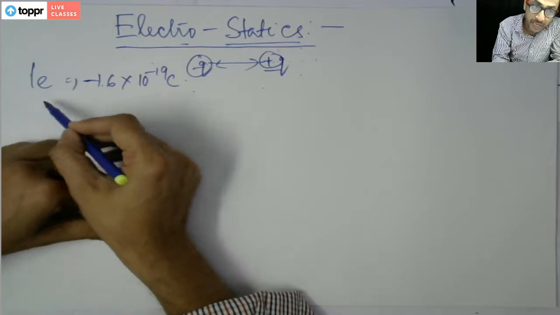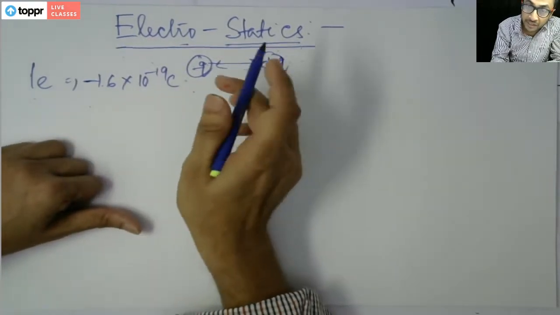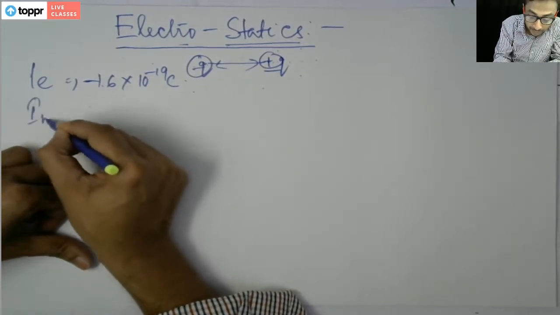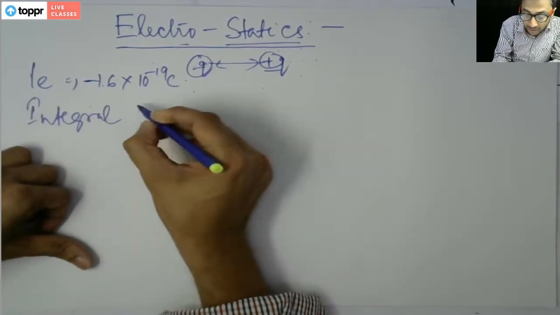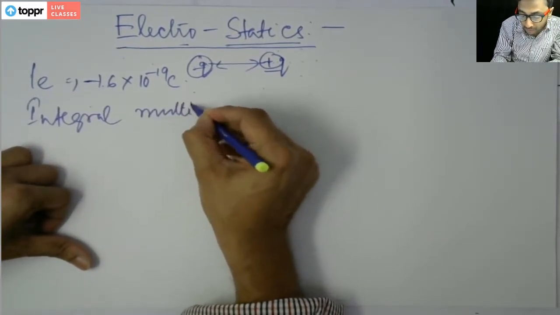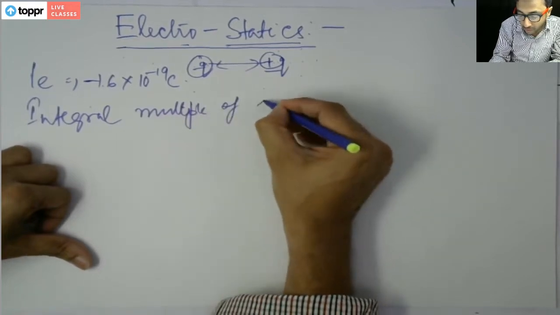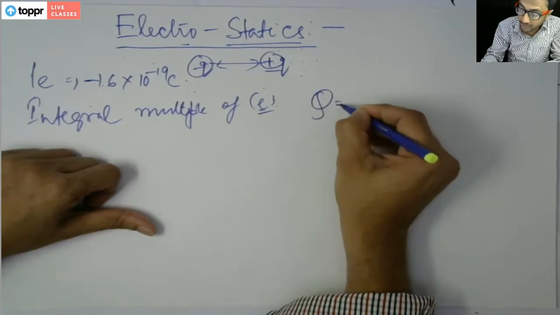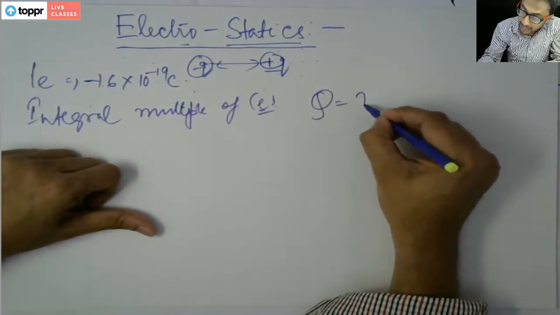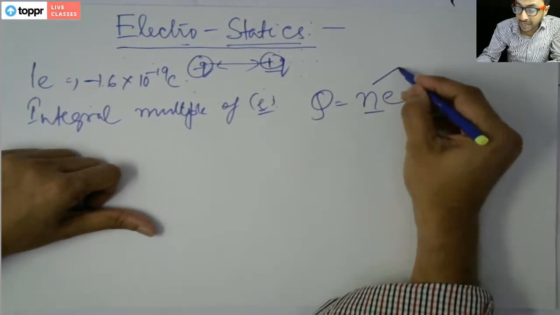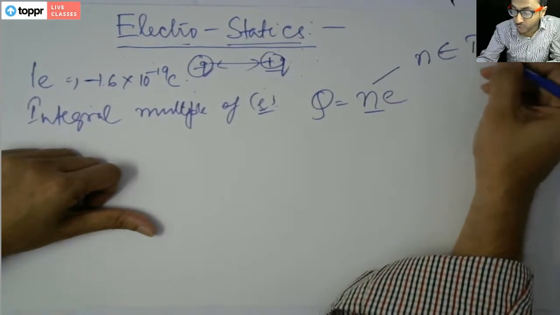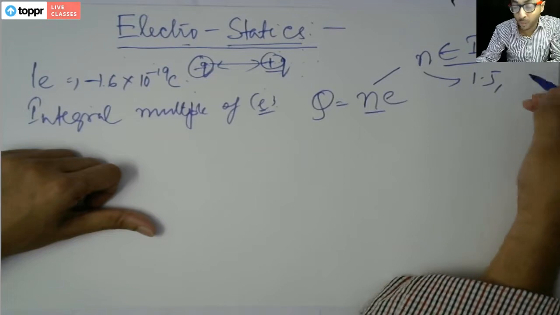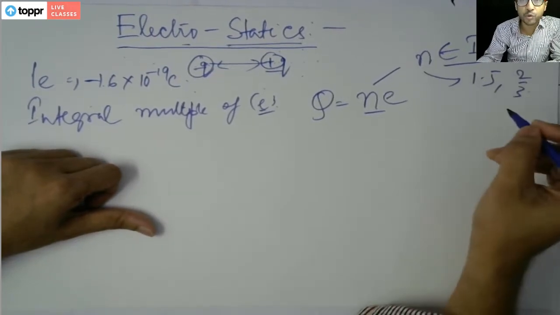Now whatever electric charges we have in nature, they are an integral multiple of e. That is, all the charges we have in nature should be n times e, where n belongs to integers. So n cannot be a fraction, like 1.5 or 2 by 3.